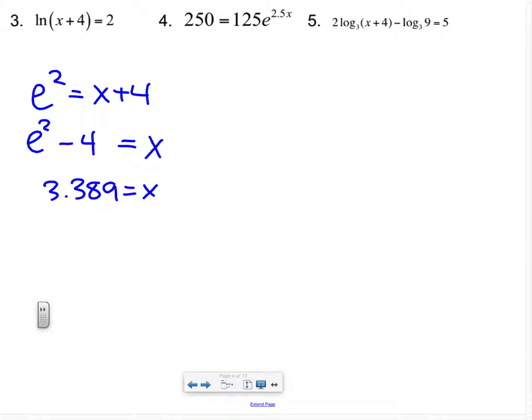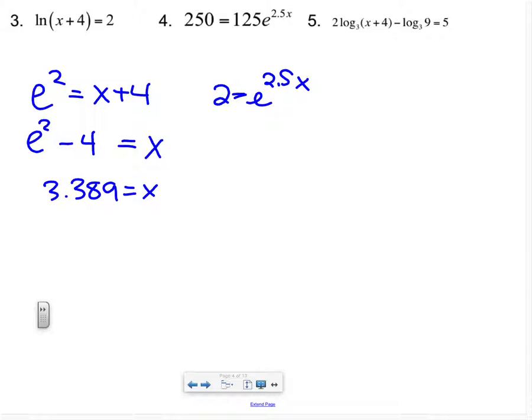Can I skip number 4? We just did that one, or something like it. Would you know what to do? It's an exponential, so that means I'm going to take a log. But what do I have to do first? Divide by 125. So what's 250 divided by 125? 2. Now I've got to get rid of the e.